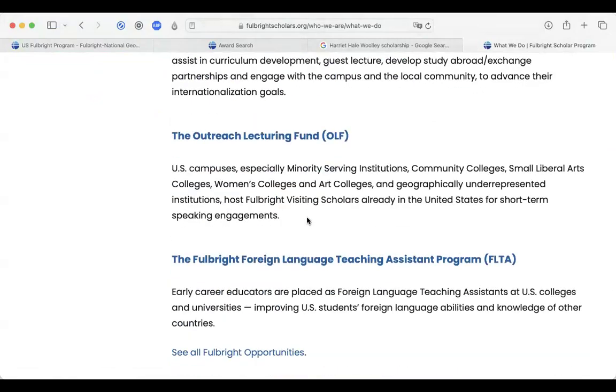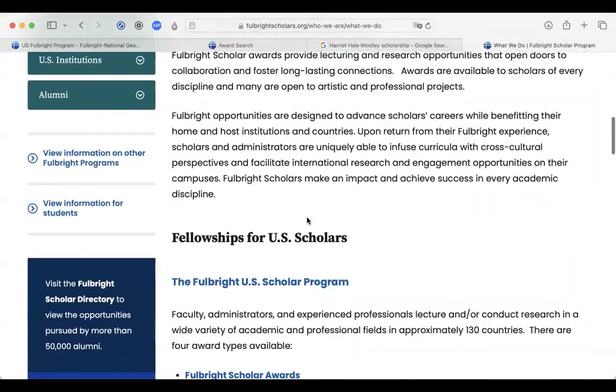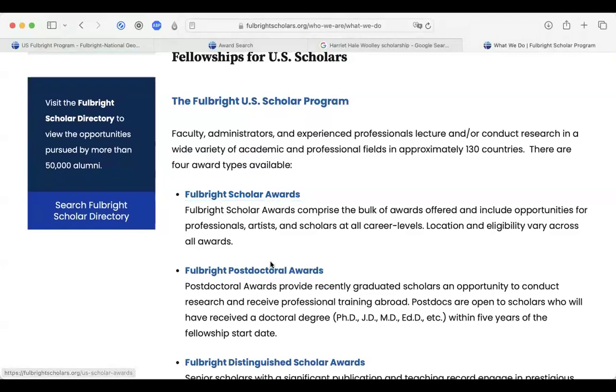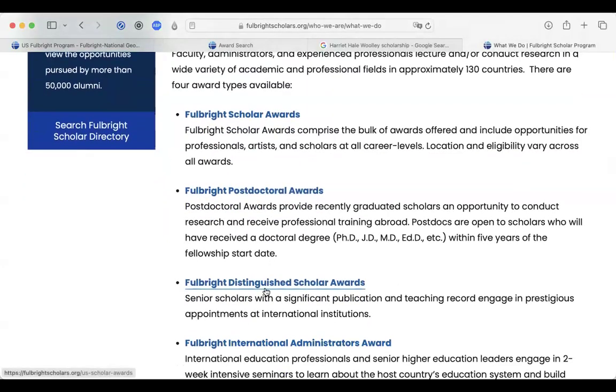And then we have the main program here with the Scholar Awards and the Distinguished Scholar Awards for people who are at different stages of their career. And that's in part because if you are very advanced in your career, the cost of your stepping away from that may be much higher than others.